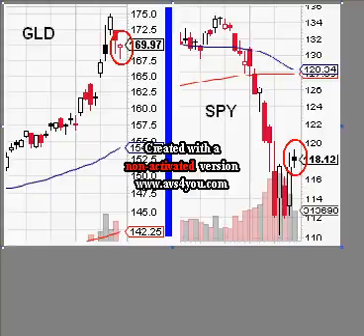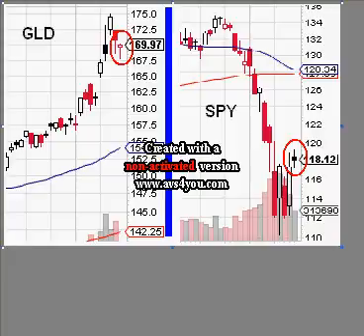Most candlestick traders will tell you that that is a sign of probable reversal, except they're opposites. So gold looks like it's going to rally again, and the SPY looks like it's going to collapse. And of course the reason for that is when people are nervous about stocks, they run to gold or they run to treasuries.